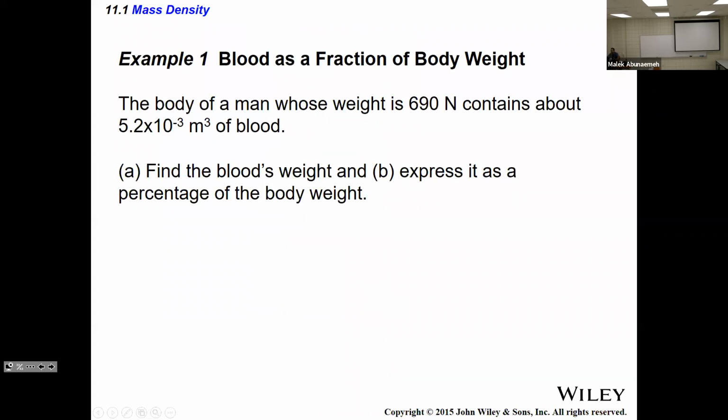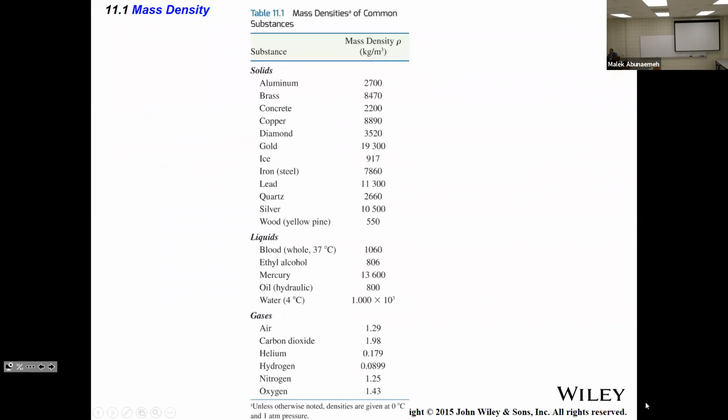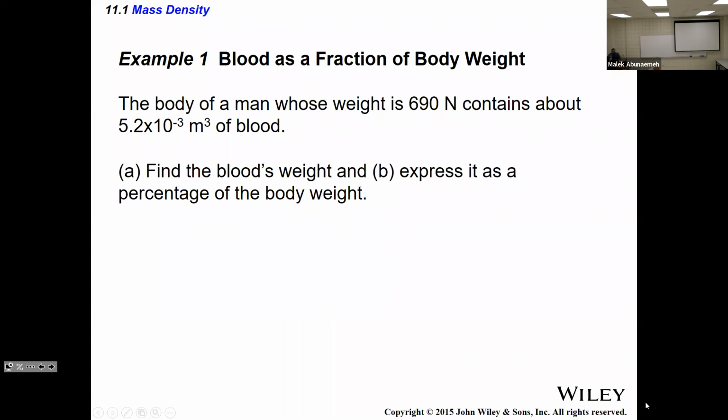So let's say we have a question. Here's a table of mass densities of common substances. The body of a man whose weight is 690 newtons contains about 5.2 times 10 to the negative 3 meter cubed of blood. Find the blood's weight and express it as a percentage of the body's weight.